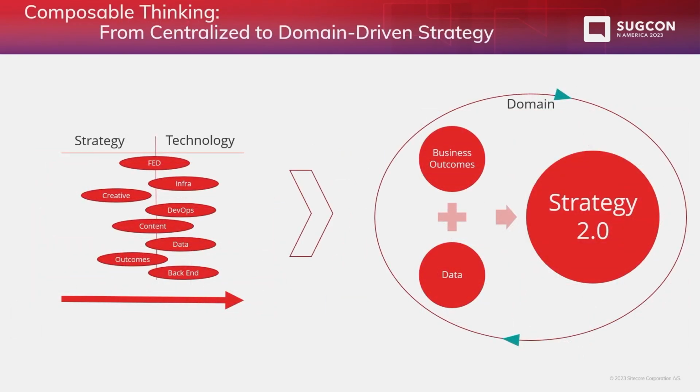And if we look at strategy, this is the one where we truly have to start applying new thinking. On the left side, we have our typical modern strategy, where the strategy team comes in and spends maybe 3-4 months doing FED, creative, content, outcome strategy.